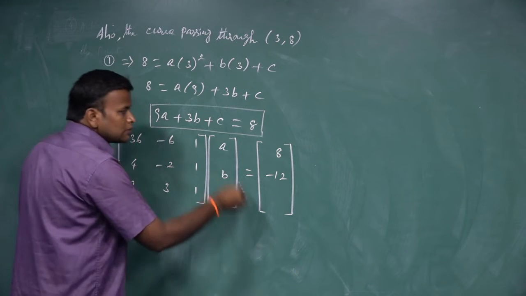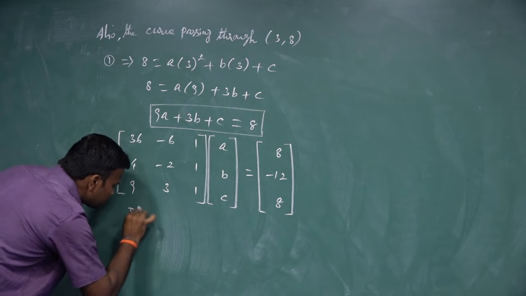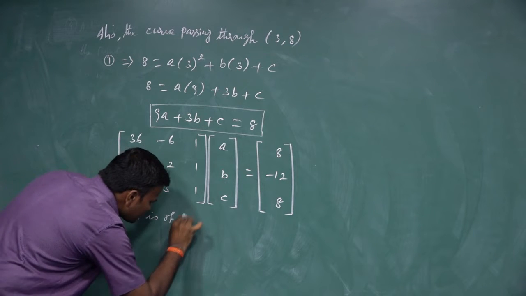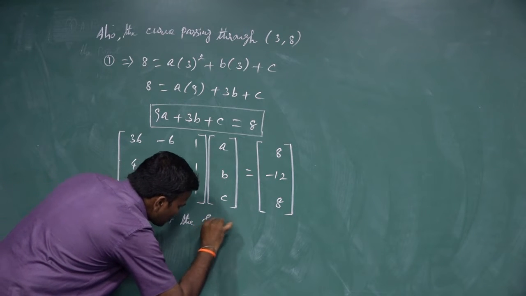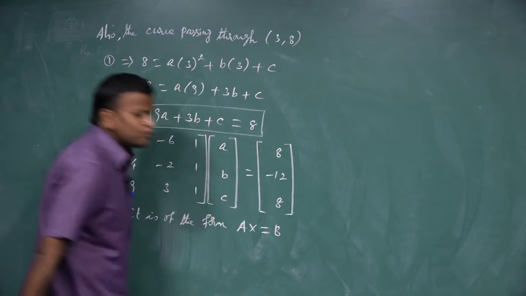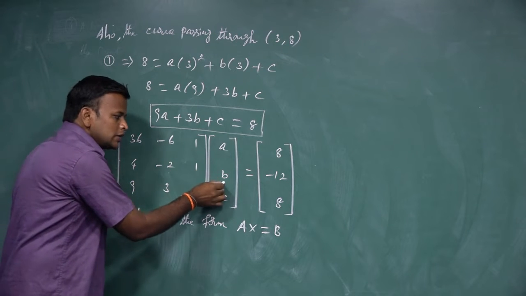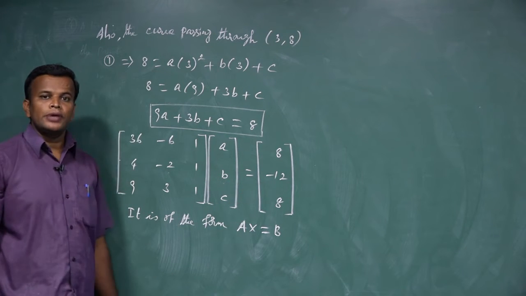The RHS of the third equation is 8. Now it is of the form AX = B. A is a matrix, X is a matrix, and the RHS is a matrix B.